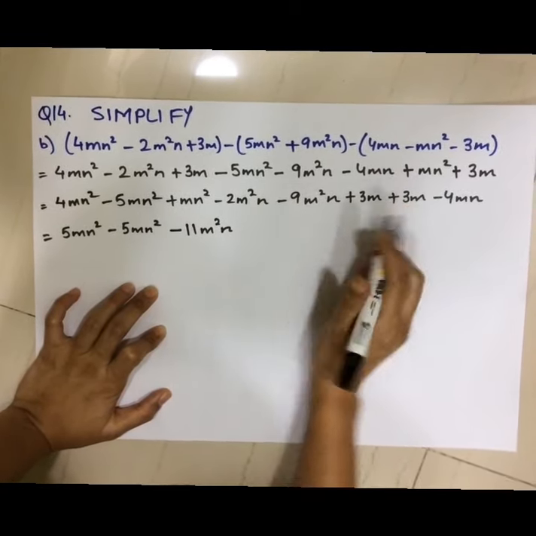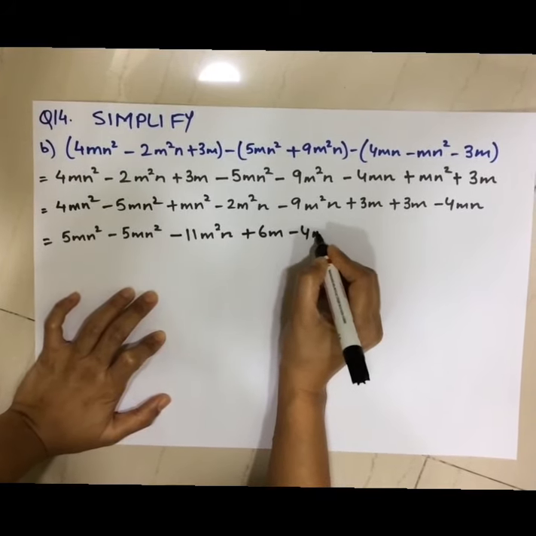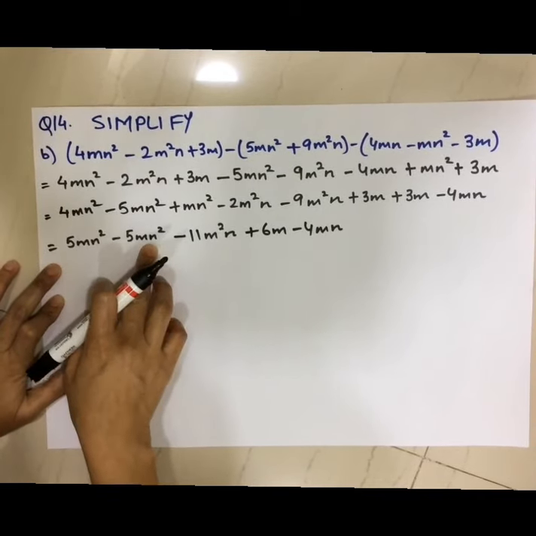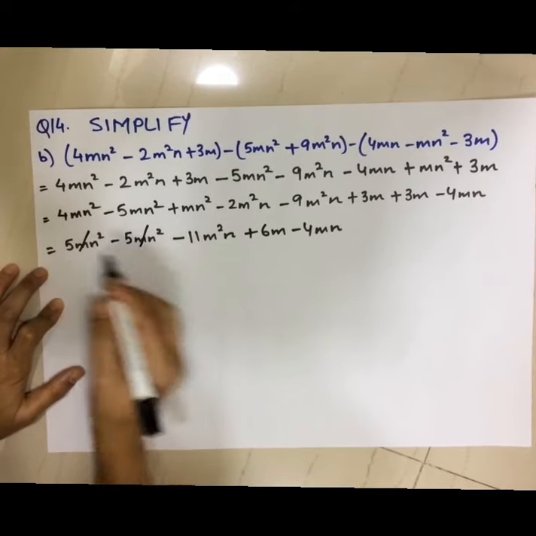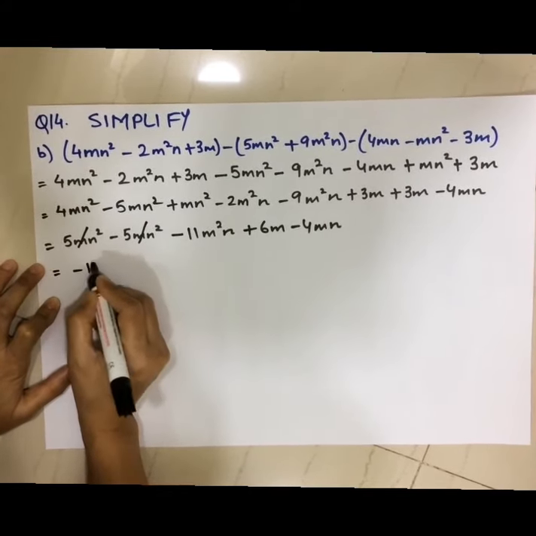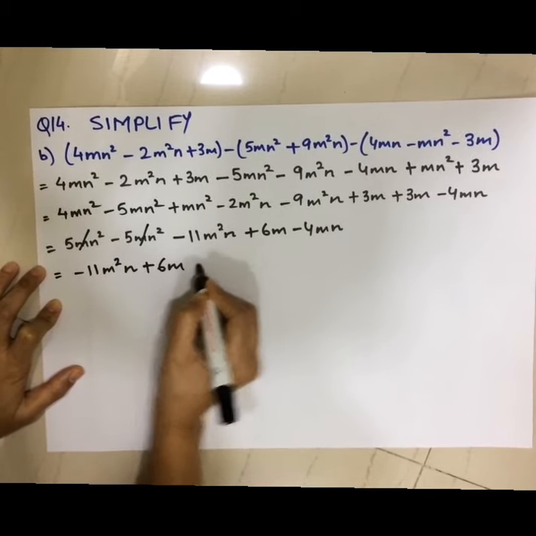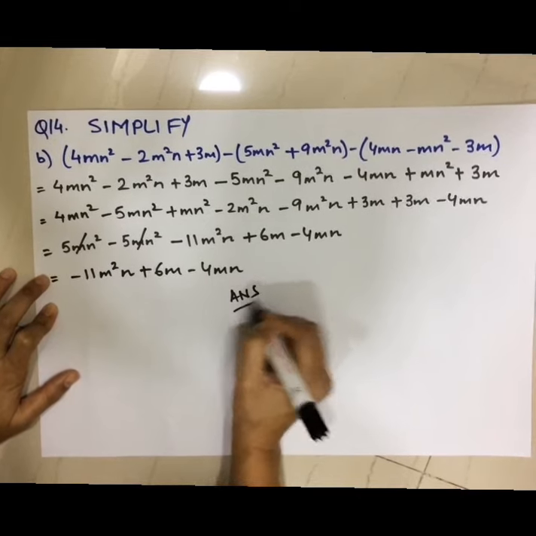Plus 3m plus 3m gives us plus 6m and minus 4mn. So now this is 5mn square and this is minus 5mn square. So we can just cancel it like this because one is positive, one is negative. So now we are left with minus 11m square n plus 6m minus 4mn. So this is our final answer.